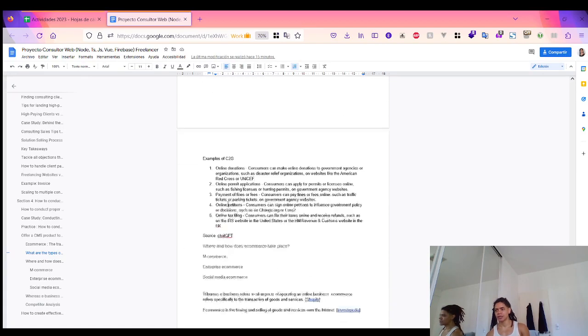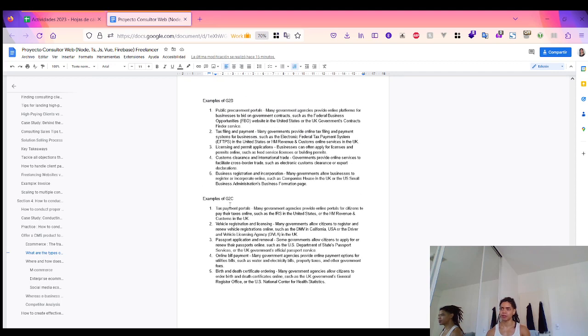And then I look at the other type of business model, such as government to business, where you have public procurement portals.